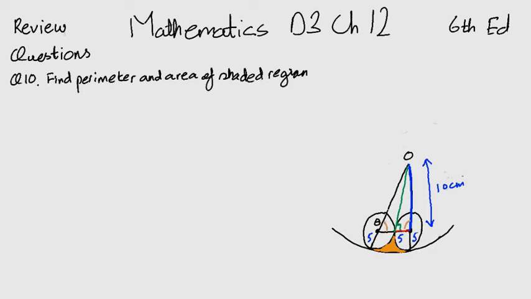We have to find the value of theta. We take the cosine of the angle theta. Remember that we are looking at this multicolored triangle with the hypotenuse blue, the perpendicular red, and the base green. So cos theta is 5 over 10, and theta comes out to be 60 degrees.